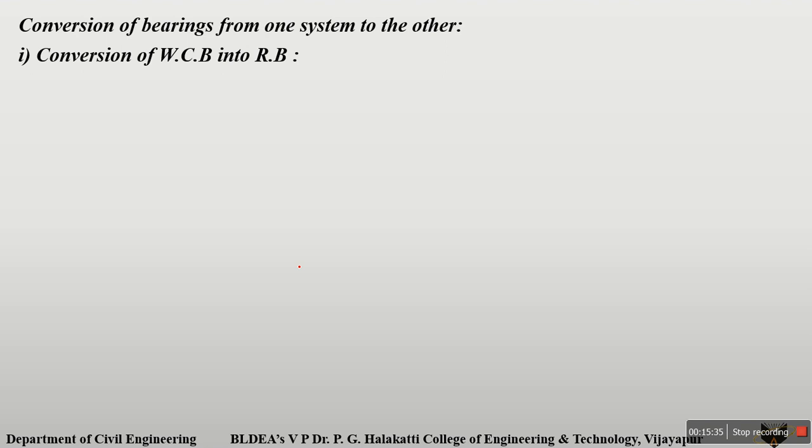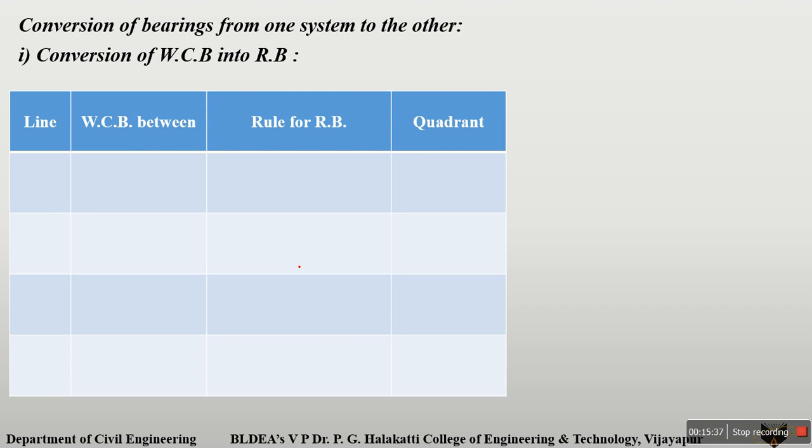So this is our table. In the table, the first column is the line and the second column is the WCB, the angle between the degrees. Then what is the formula for converting the WCB into RB? That formula is here. Then you can mention the quadrant. This is our compass, the prismatic compass.